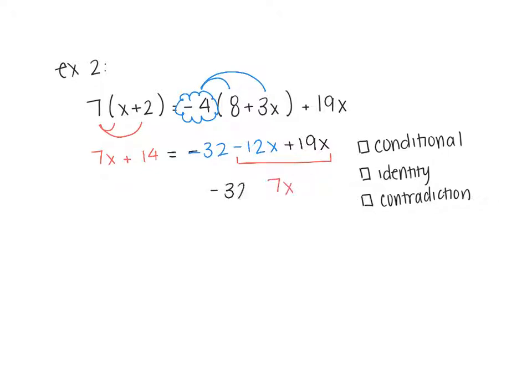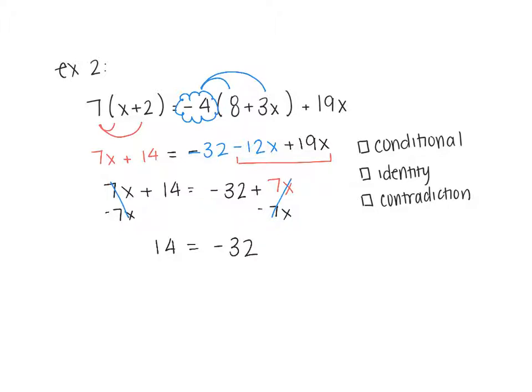Carry everything down. Now I'm going to move the x's over, so minus 7x, minus 7x. Those will both cancel, which means that's 0. So I have 0 plus 14 gives me 14. And then I have negative 32 plus 0, negative 32.